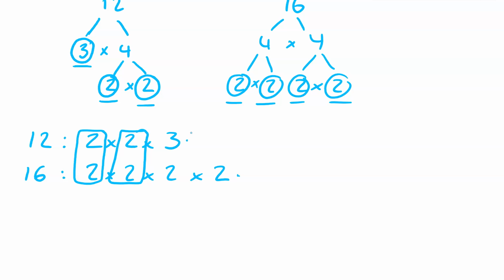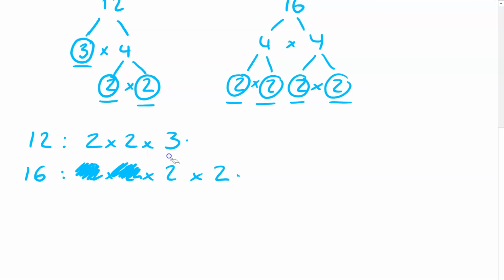Now, from here, what you do is you go, right, well, they're doubled up. I don't want them to be doubled up, so I'm going to cross some out. It doesn't matter where you cross them out, top row or bottom row. I would advise, if you're going to do top row, do them both from the top row. If you're going to do the bottom row, do them both from the bottom row. It doesn't actually matter, but it's easier. So I'm going to scrub out the bottom row for this one.